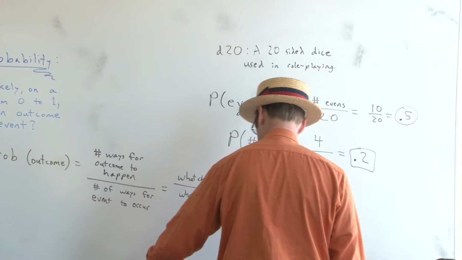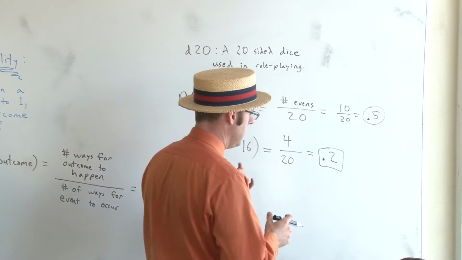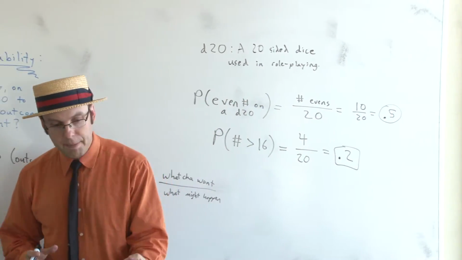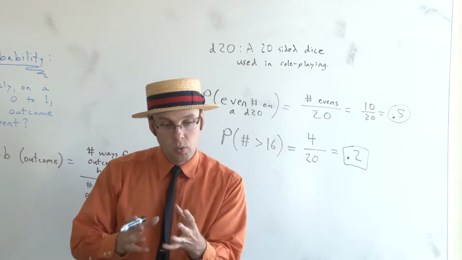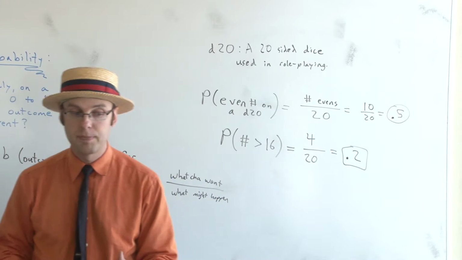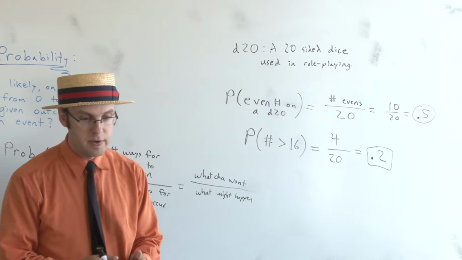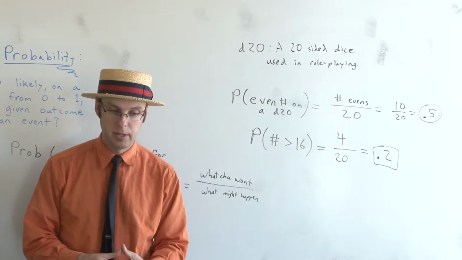Now, what happens is that's the probability for a single outcome. What if I ask about the probability for multiple outcomes? Or what if I ask about a compound probability?